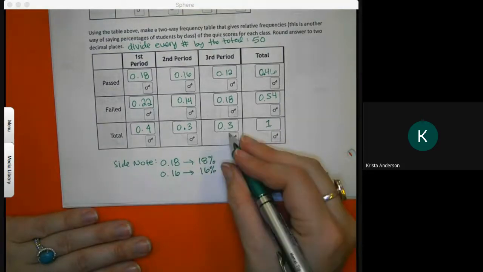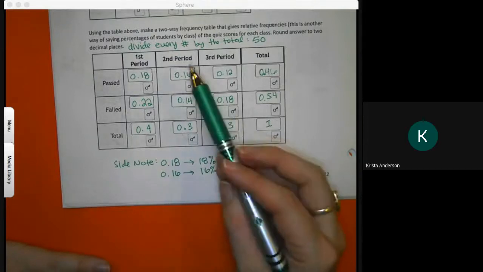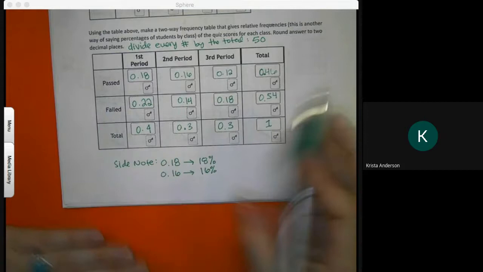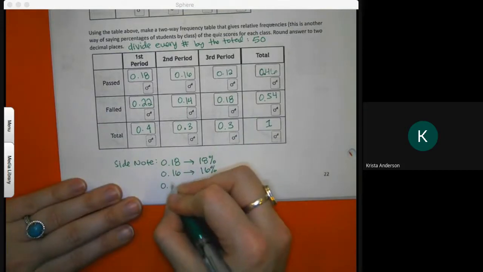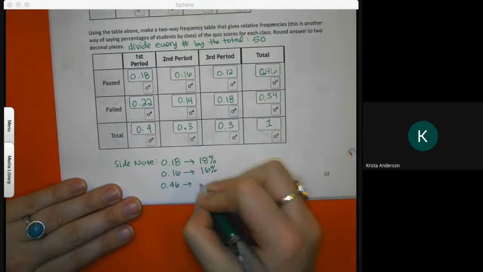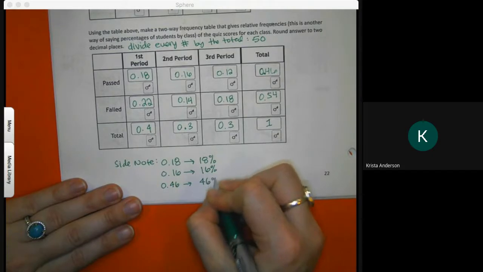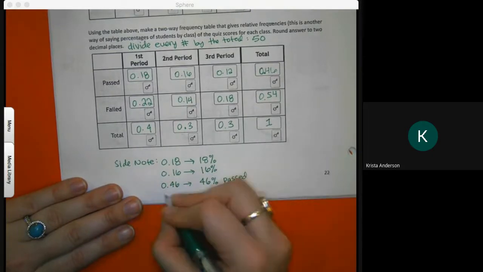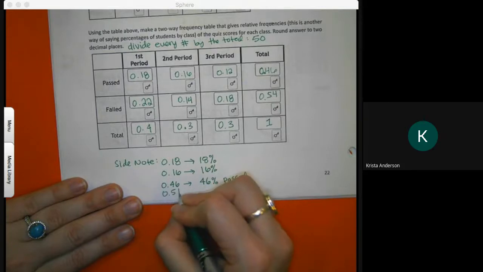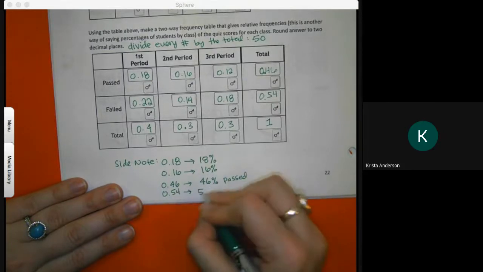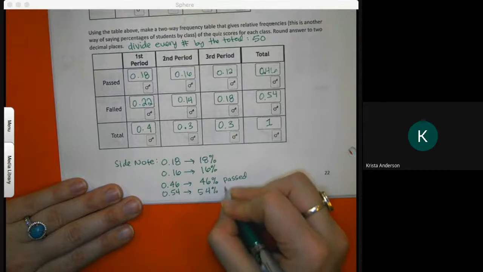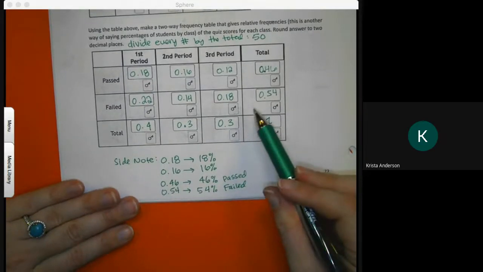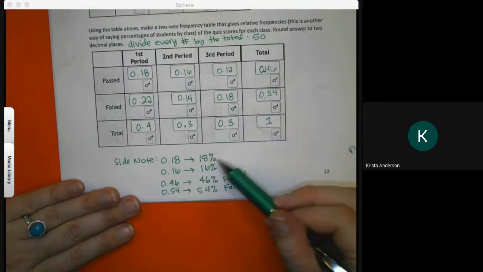So the total that passed would be 46% passed. And 54% failed. If I pulled data from here and wanted it as a percent rather than a decimal.